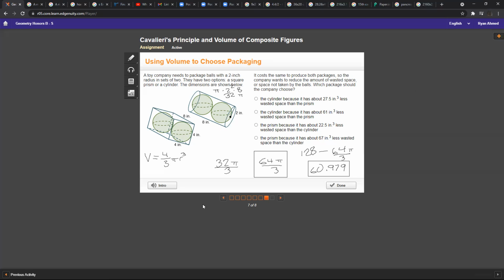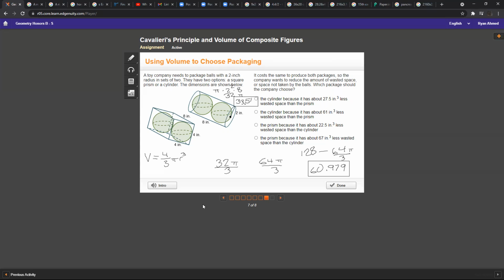We get about 33.51. That is the space not being taken up by the balls in the container.